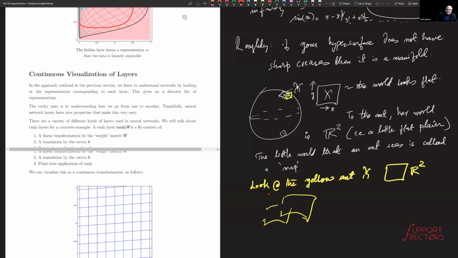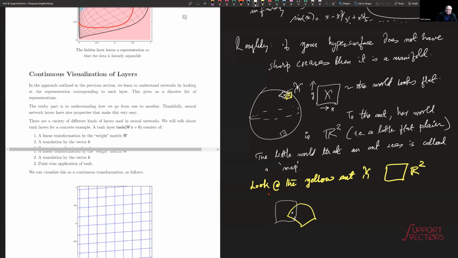right? Actually, let me make it in white and yellow. Let's say that the world of the yellow ant is this. And the world of the white ant is something like this. So now there is a problem.